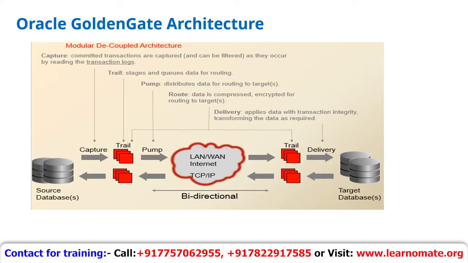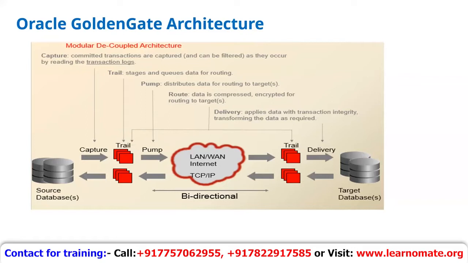It captures the data from the transaction logs of the database. Transaction logs means where the changes are stored. In the case of an Oracle database, those transaction logs are called redo logs, or the backup of redo logs, which is called archive logs.